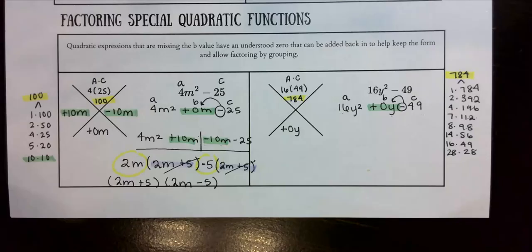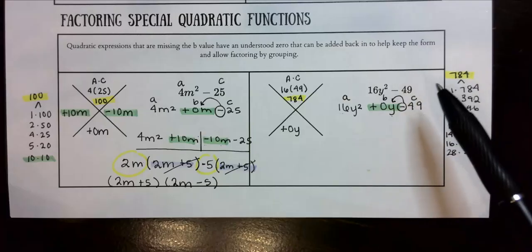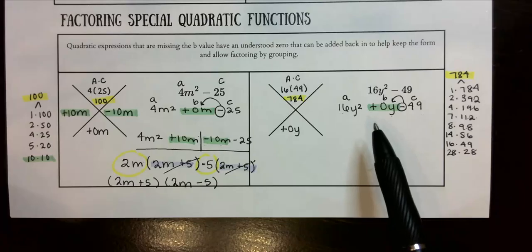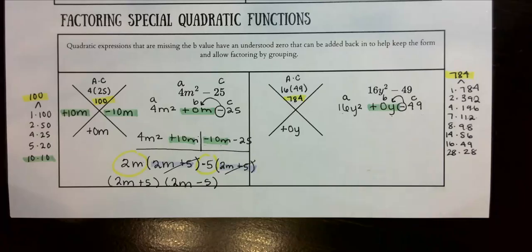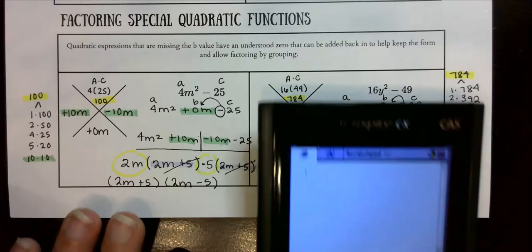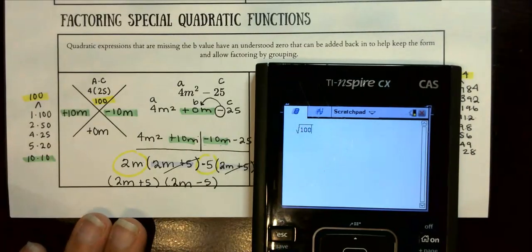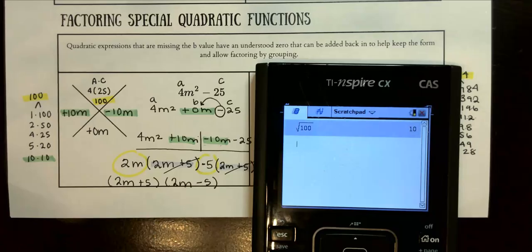So here's the thing. One of the things that I want to point out is there's actually an easier way to do these ones. Because we know we're looking for a 0, we know we're looking for a number times itself. So anytime you see something like that, then I highly recommend you taking the square root of the number that you're looking for. So if we would have done that for 100, if you're looking for a 0, you can take the square root of 100 and notice that it's 10. Because we know that 10 times 10 would give us 100, which means 10 minus 10 would give us the 0 that we're looking for.